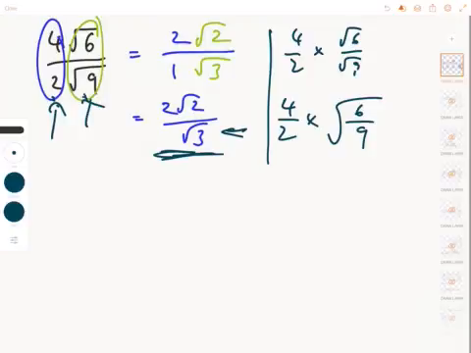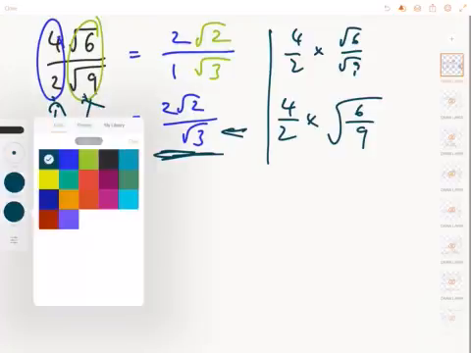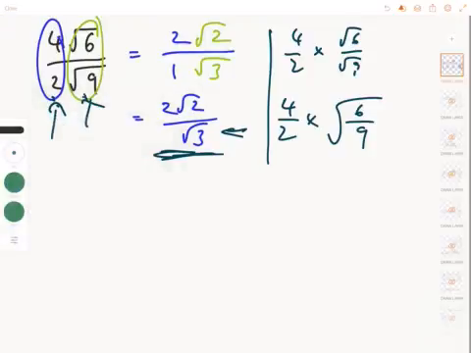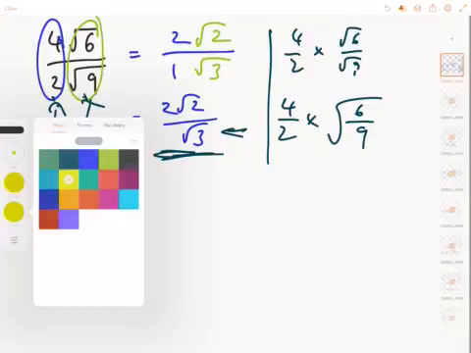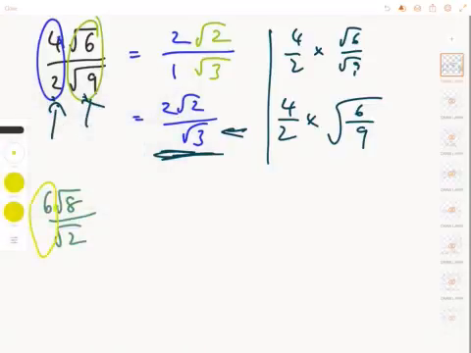Okay, let's get another example, because the dividing can be a little bit interesting. Let's take 6 root 8 on, let's just say, root 2. In a similar fashion to last, take the coefficients first, 6 on 1, so it's 6 on top.